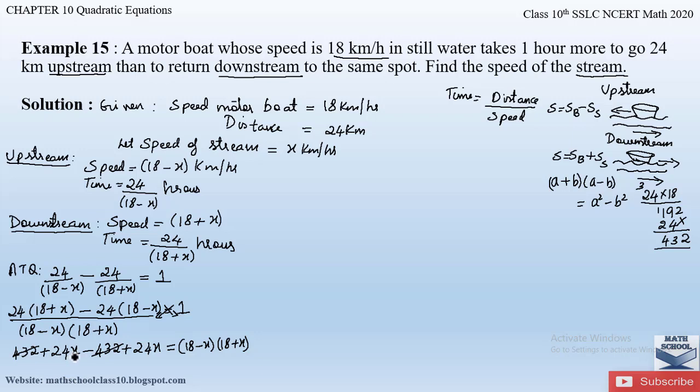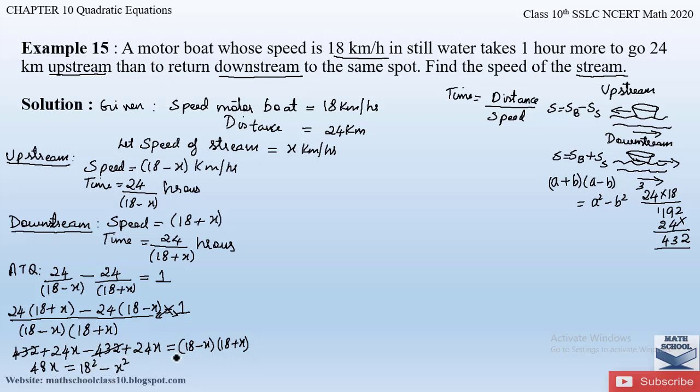We are left with plus 24x and plus 24x. If you add up, we will get 48x is equal to, applying the a plus b and a minus b identity, a square minus b square. The a value here is 18, so 18 square minus b square, which is x square.